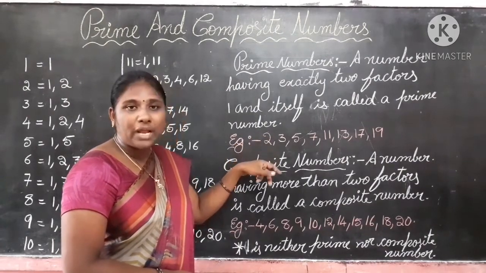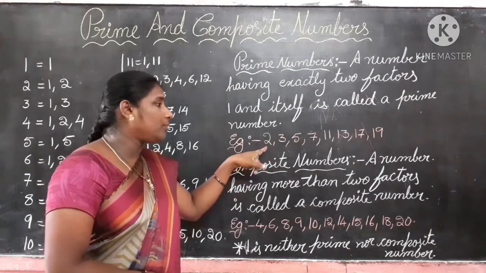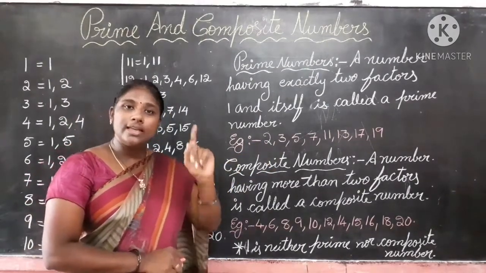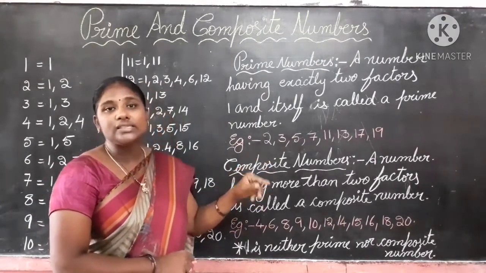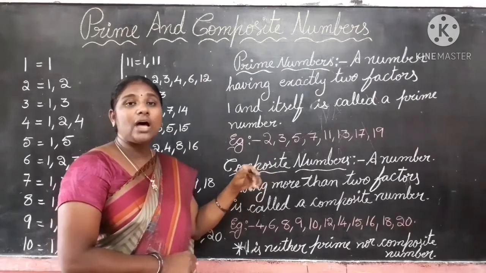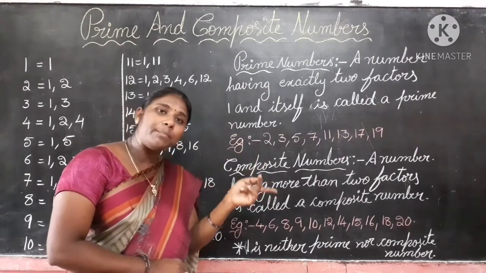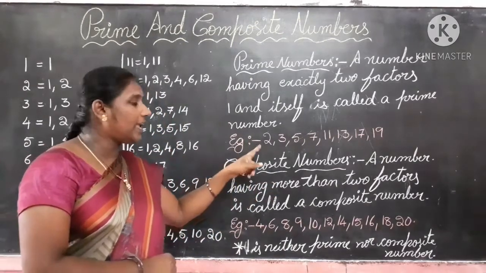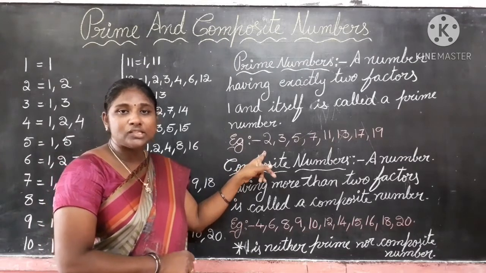So 2 is both an even number and a prime number, and it is called the even prime. The smallest prime number is 2, the smallest even number is 2, and the only even prime is 2.